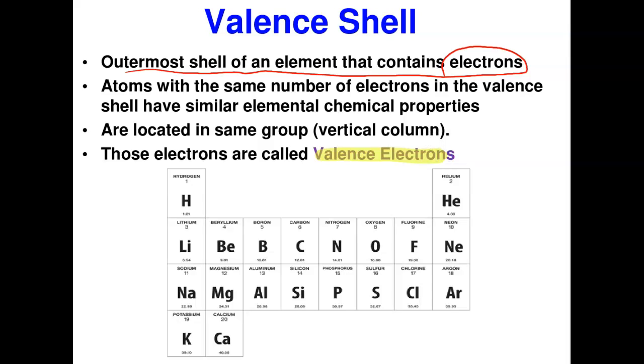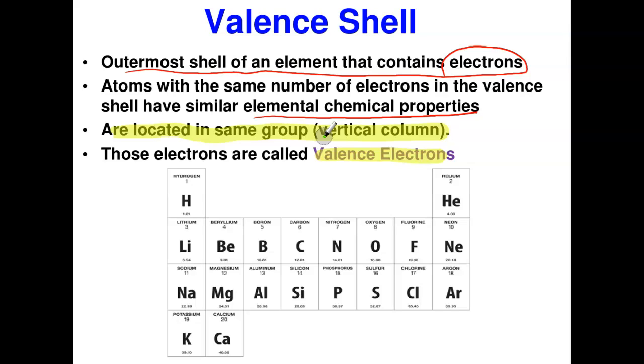Atoms with the same number of electrons in their valence shell will have similar chemical properties, and, very importantly, they are located in the same groups in the periodic table. So the basic determination for the location of elements in the periodic table is based on the number of electrons they have in their outermost shell, or what we call the valence electrons.